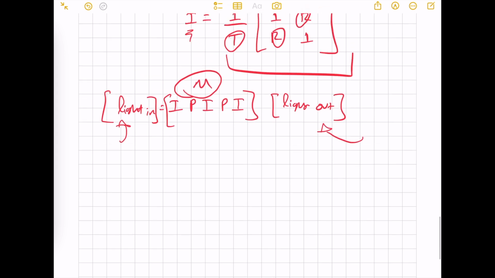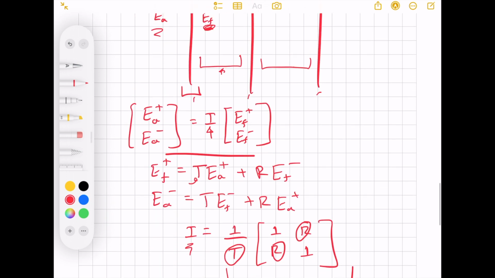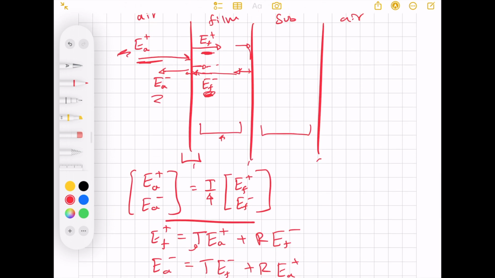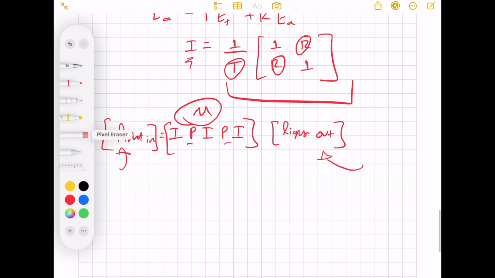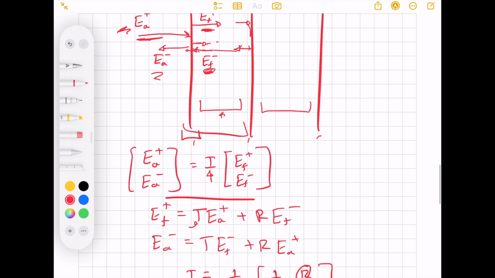So what are these propagation matrices? We can focus on just this film propagation for now. So let's write that out. Let's say the film is some thickness L from here to here, and we said we have the E film plus and E film minus, and here what I want to add is, I think that's the notation that we use, right?